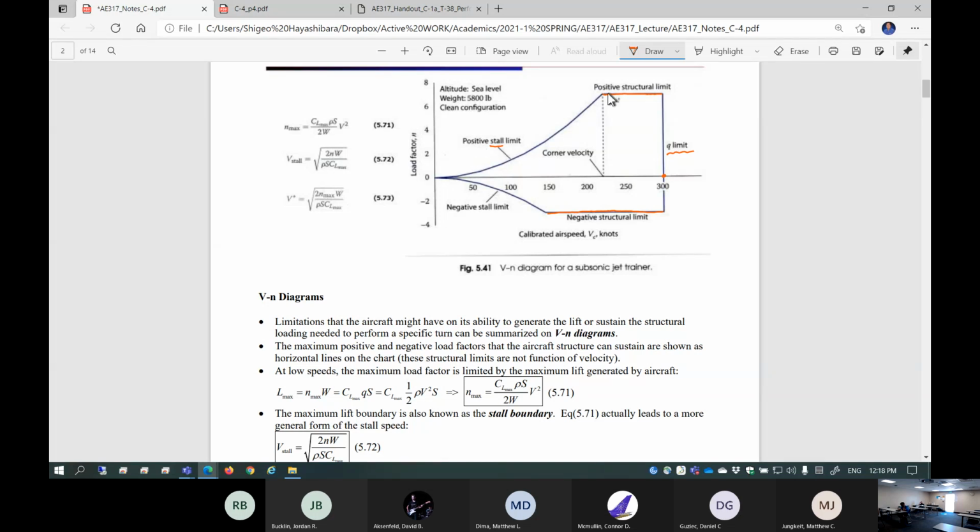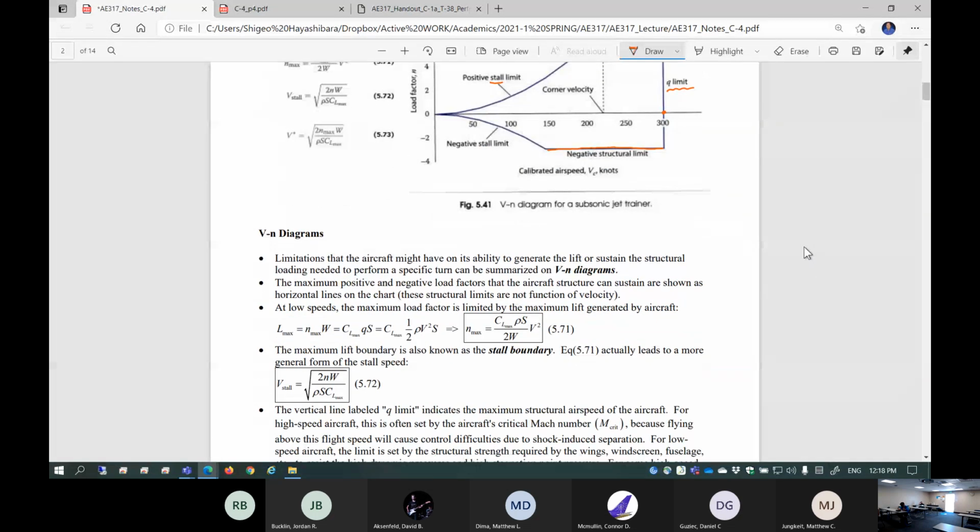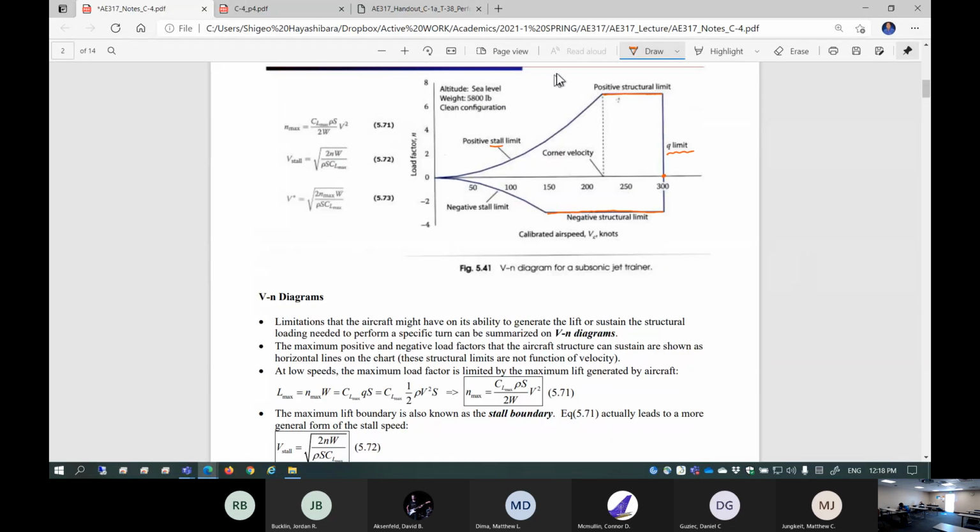This is called the positive stall limit. This is the negative stall limit, especially at low speed. Now you have multiple equations. This is the stall boundary, like I said. This is the positive stall boundary, this is the negative stall boundary. So the stall characteristics are the factor that determines your flight envelope for low speed.